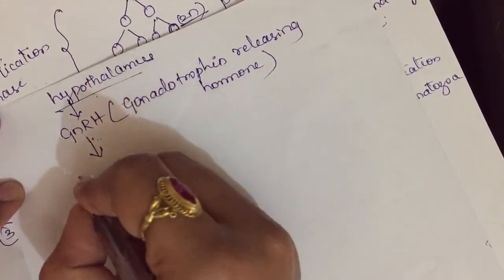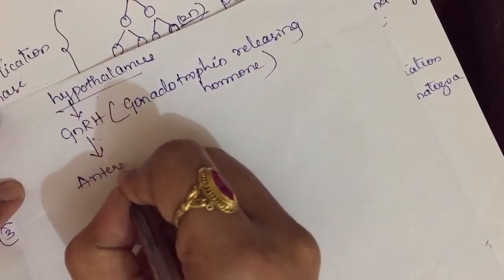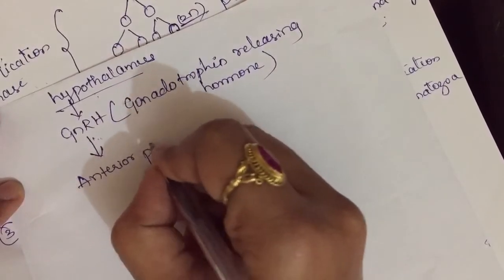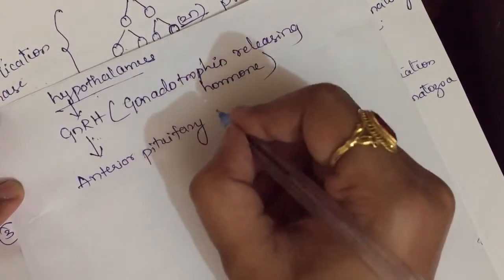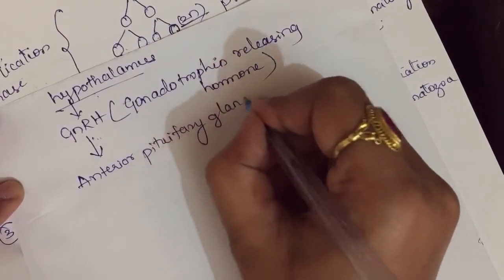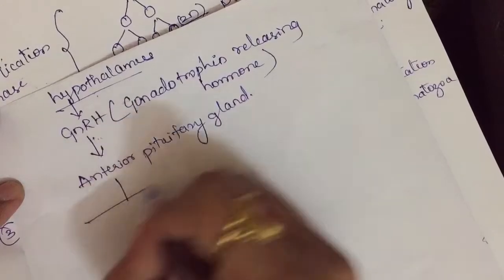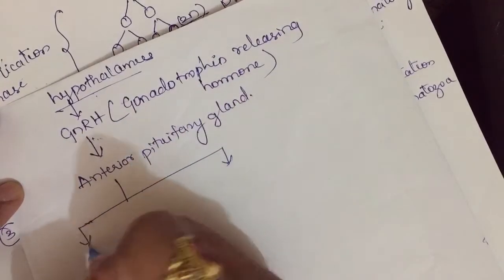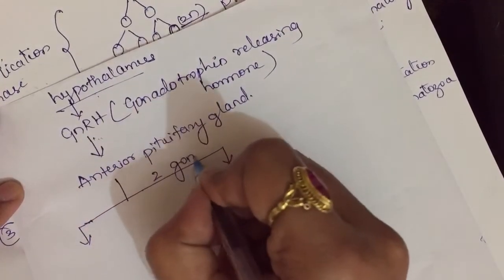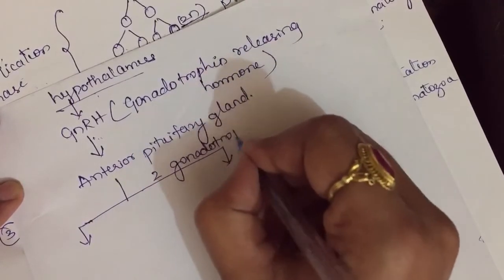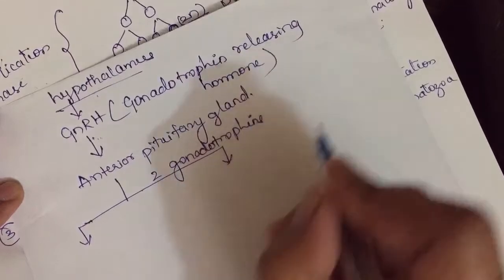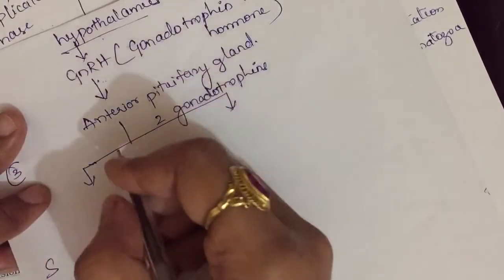It will act on the anterior pituitary gland. Even the pituitary gland you have in the last chapter of first year. The anterior pituitary gland secretes two gonadotropins. Now which are those two gonadotropins?